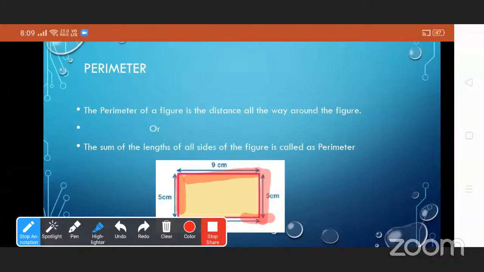So here the perimeter of this figure is 9 plus 5 plus 9 plus 5. 9 plus 5 is 14, and 14 plus 9 is 23. 23 plus 5 is 28 centimeter. Means the perimeter of this figure is 28 centimeter.